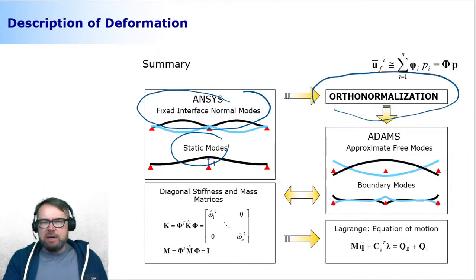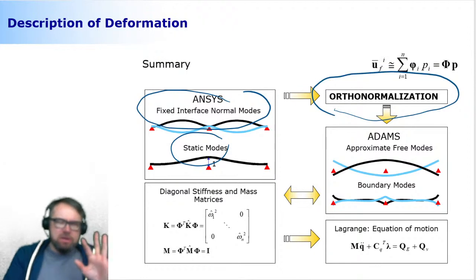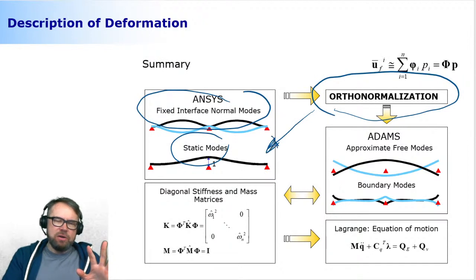You conduct this eigenvalue analysis again, which is called orthonormalization. Why is this called orthonormalization? Because what you're essentially doing here is forcing the static correction modes to be orthogonal. That's what you do. And then you get these roughly free modes and roughly boundary modes, and that's it. Then you're good to go.